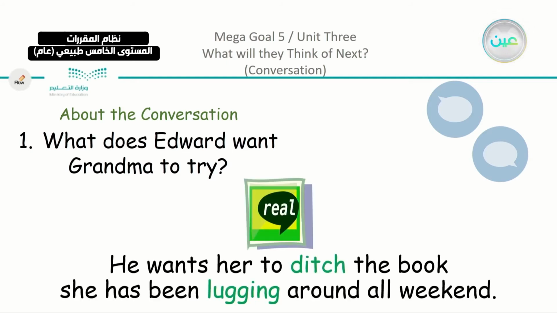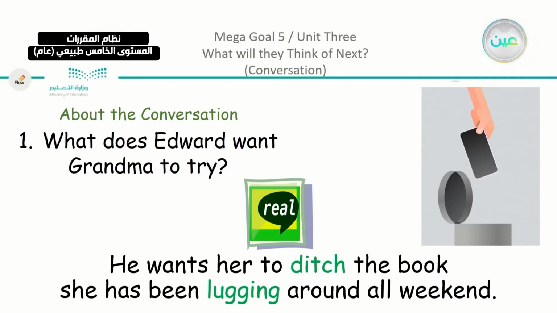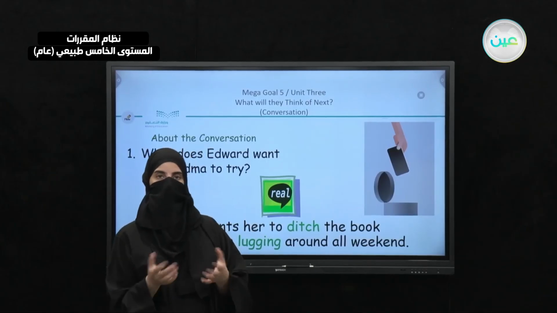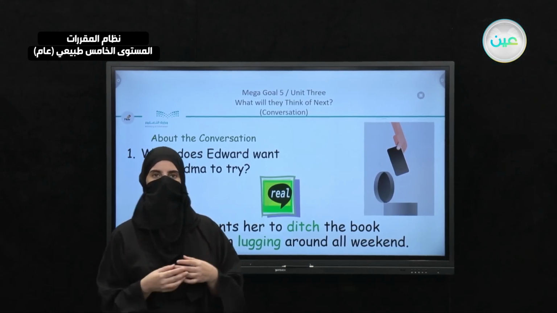For example, he wants her to ditch the book. It's clear from the way that he's trying to convince her. The word ditch can be meant either as a real thing, or just as a figure of speech.